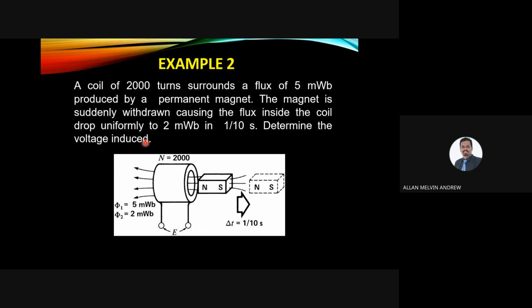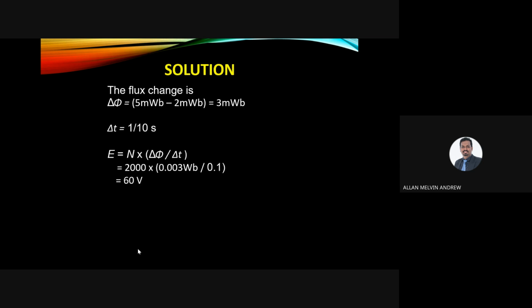When the magnet is inside, more flux is produced, but once you move out the magnet, we can see a drop.